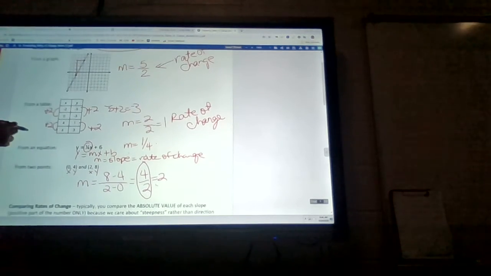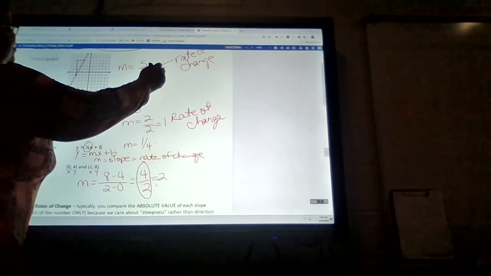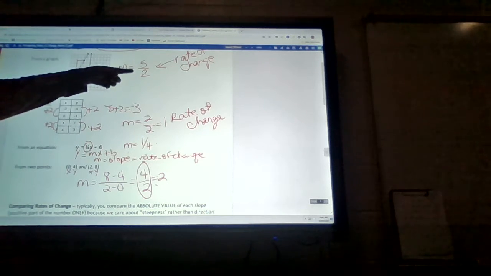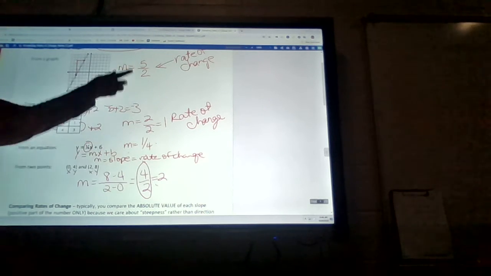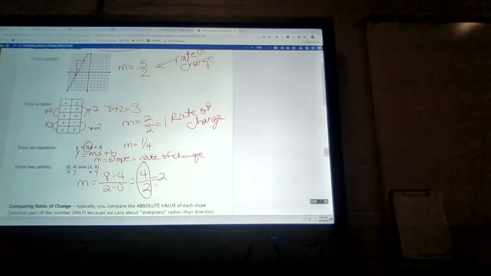Yeah, because that one is, well, actually, this one is the biggest, because this is 2.5. I just didn't have it on the screen. So let's back up. The biggest rate of change is this one. So in order from biggest to smallest, this one, this one, this one, and then that one's my smallest one.